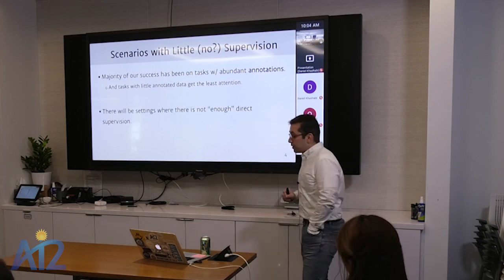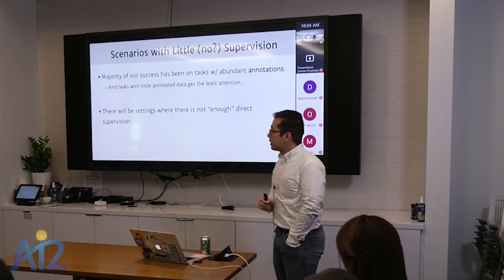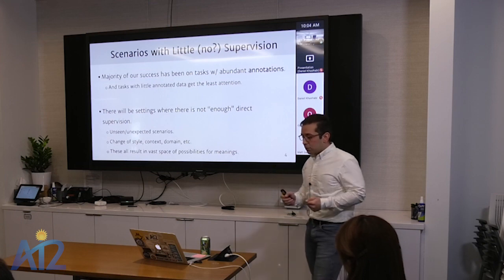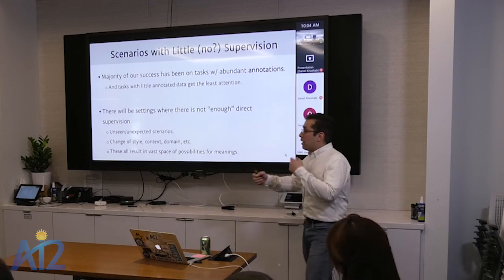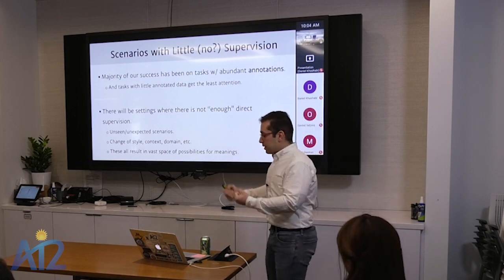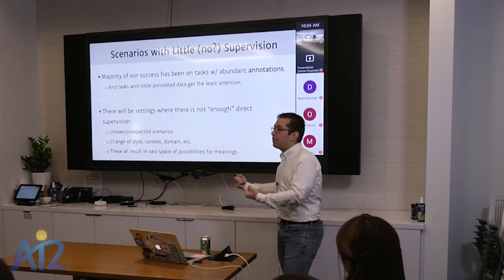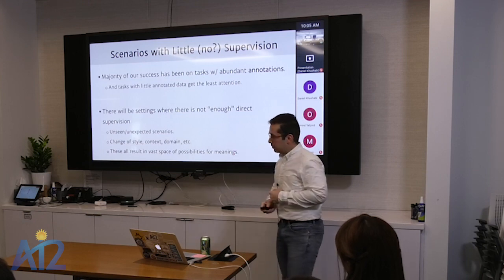And this is problematic because in natural language, we will always have settings where we do not have enough annotated data. And this happens because in natural language, we always have domain changes, context changes, style changes. And all of these factors go hand in hand, and they create a vast space of possibilities for how language could be interpreted and add on top of its complexity.